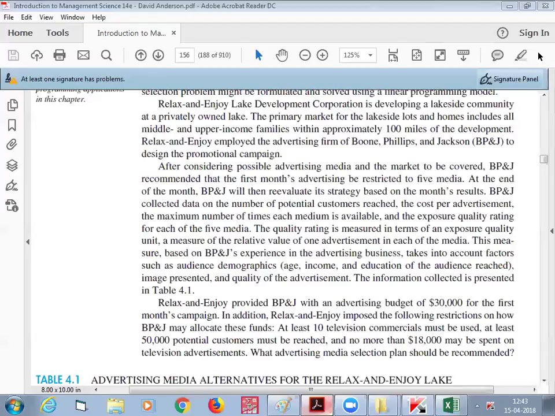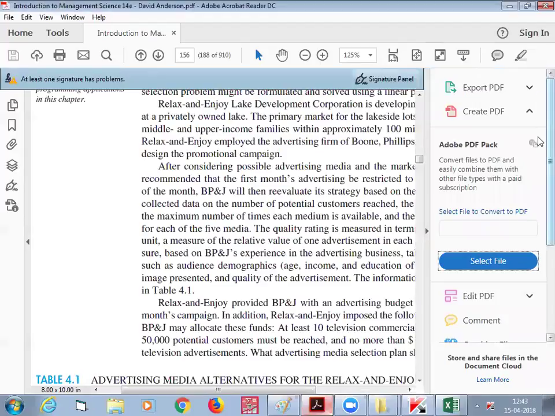This quality rating is measured in terms of an exposure quality unit, the relative value of one advertisement in each of the media. This measure, based on BPNJ's experience in the advertising business, takes into account factors such as audience demographics, age, income, and education, image presented, and the quality of the advertisement. The information is provided in table 4.1 below.